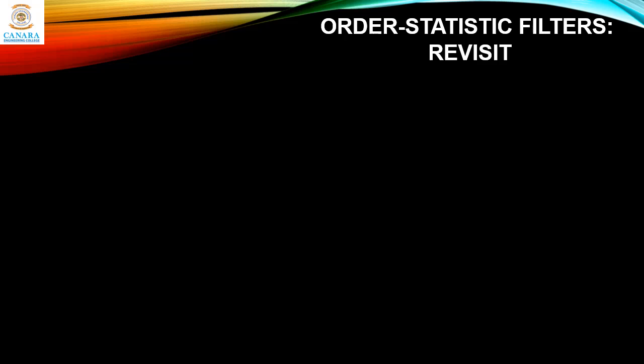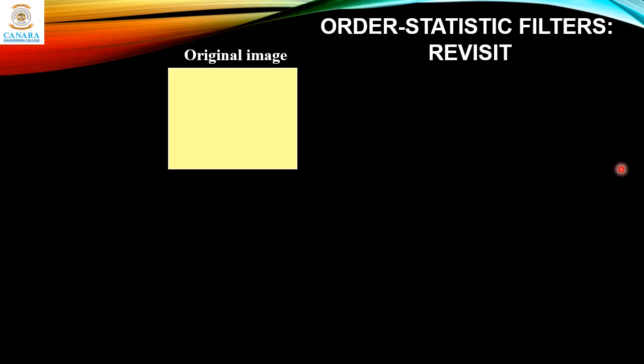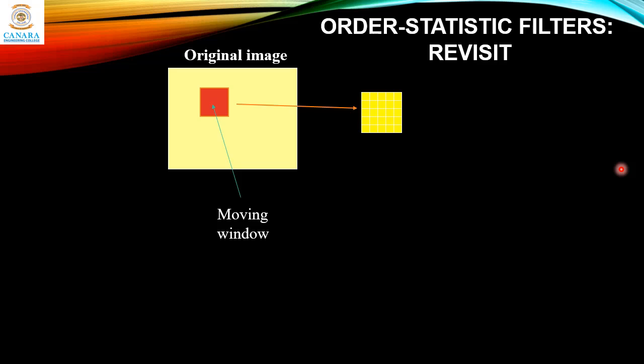The next type of filters that we can use for restoration in the presence of noise is order statistic filters. We have already studied them in the previous module, so we'll take a quick revisit of the topic. Basically, we have an original image and a moving window, and we take that as a sub image.